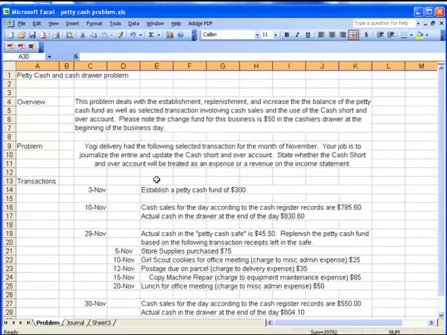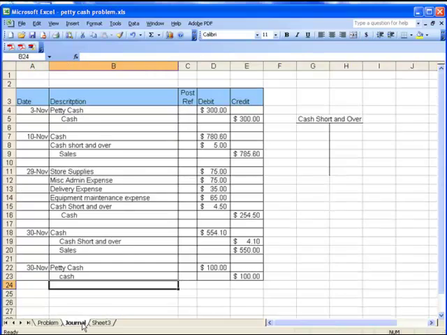Now, that was the transactions. We recorded all those, but we're not completely done yet. It says to track in a T account the balance in our cash short and over and determine at the end of all that whether it's going to be recorded as an expense or a revenue on our income statement. So we're going to look down through here, and every time we've made a cash short and over entry, here we have a $5 debit, and here we have a $4.50 debit.